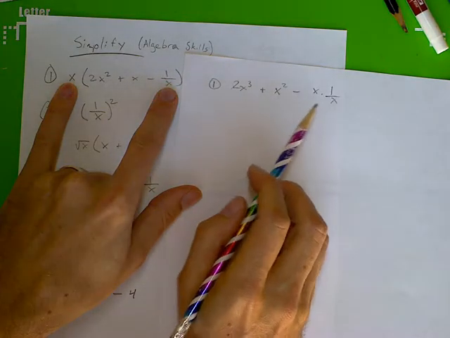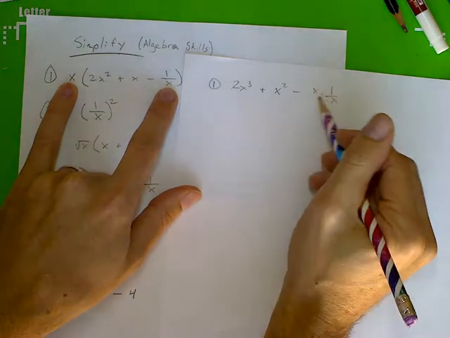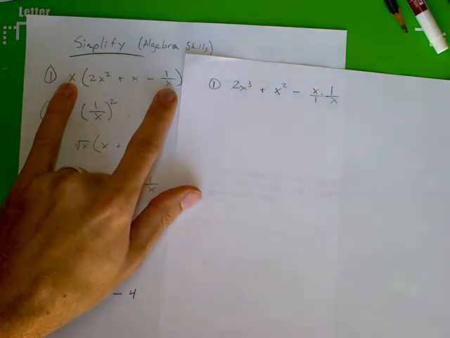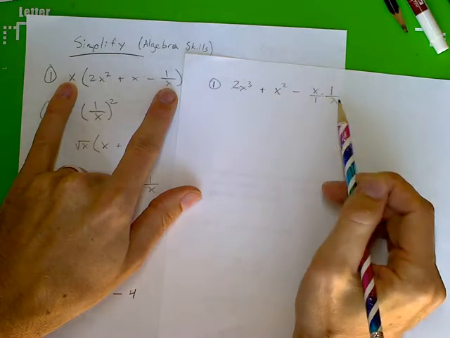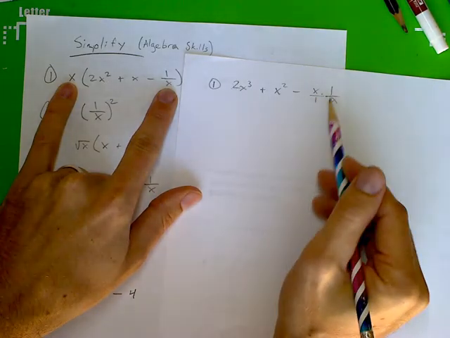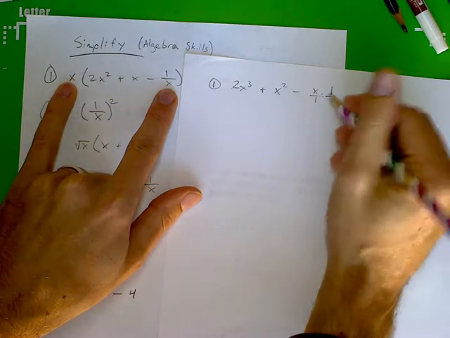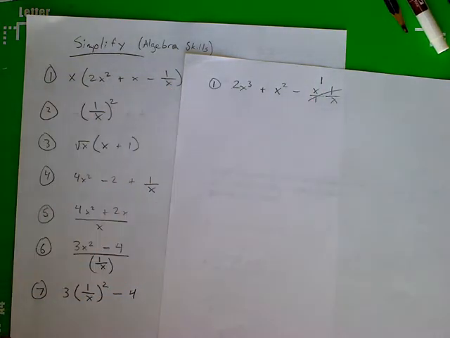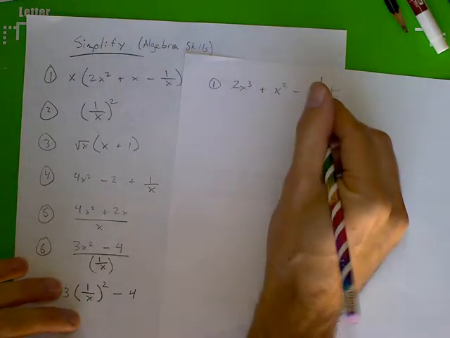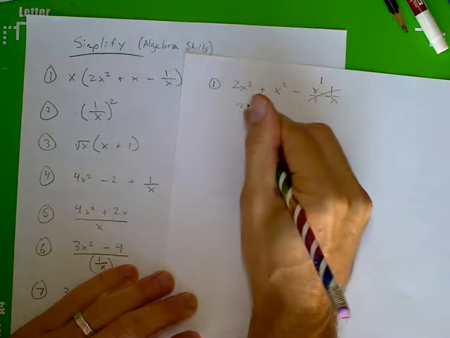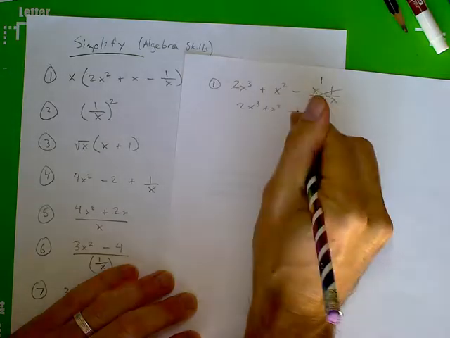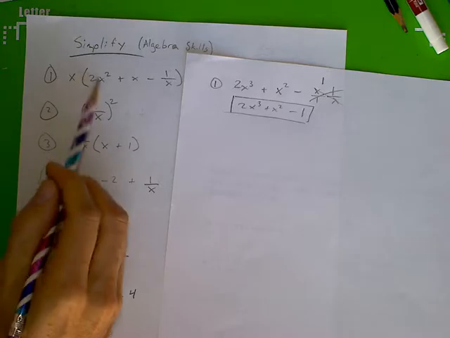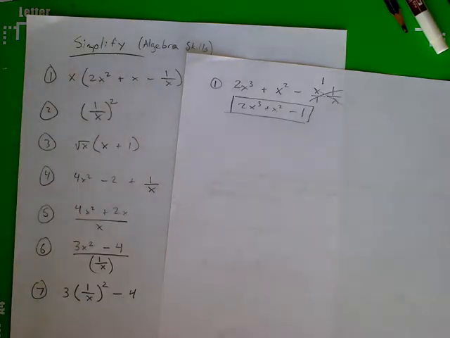So I'm multiplying a fraction by a non-fraction, right? To do that, it might help to put the x over a 1, so they're both fractions. And if I multiply straight across, I get x over x, and that reduces, of course, to just 1. So it would be 2x cubed plus x squared minus 1. So we distributed that.